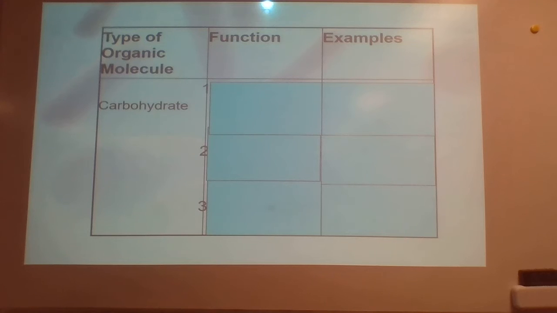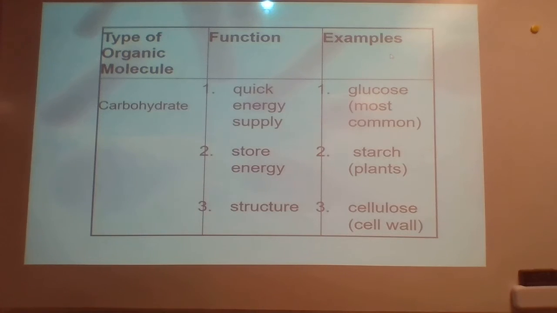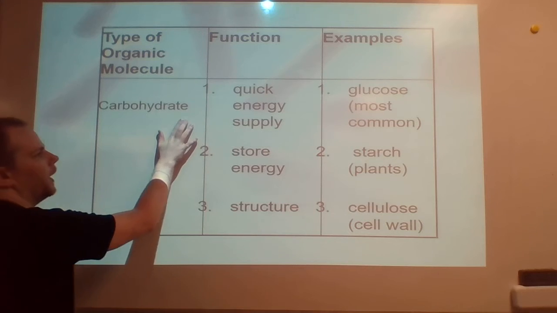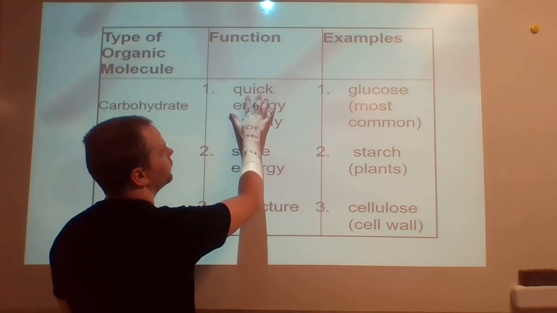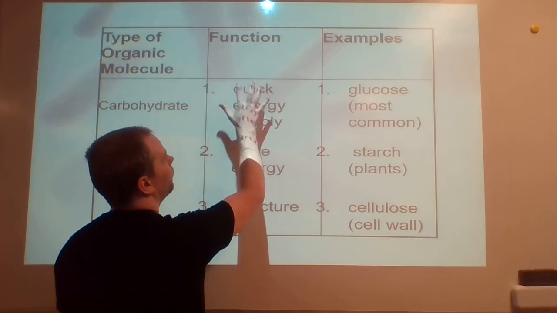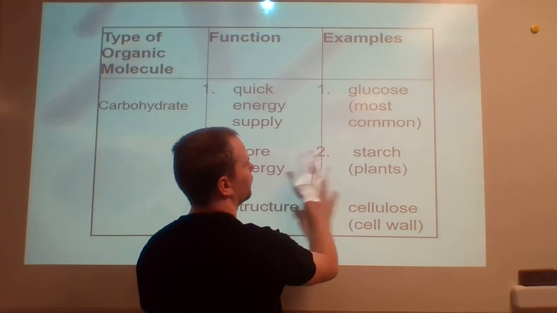All right, this is our first, so on the table, the first type of molecule is carbohydrate, and then there is a function and an example for each of these. So make sure that you have the function and the example paired up properly.